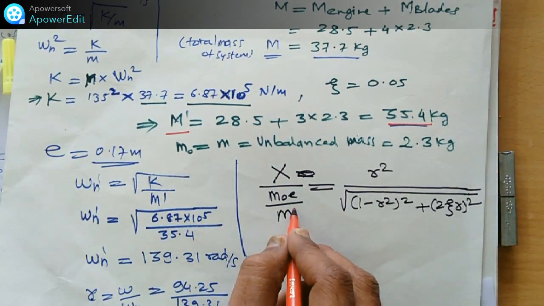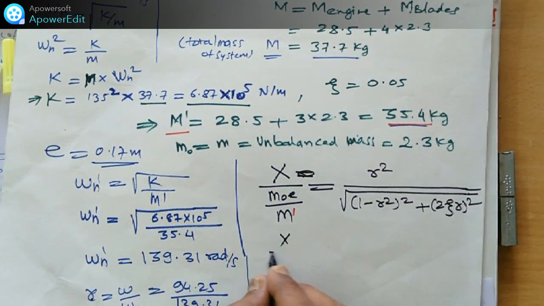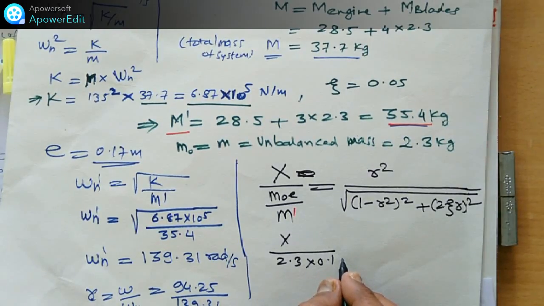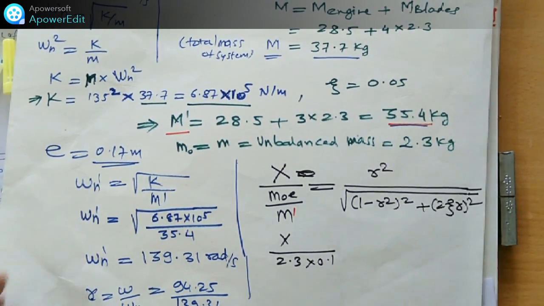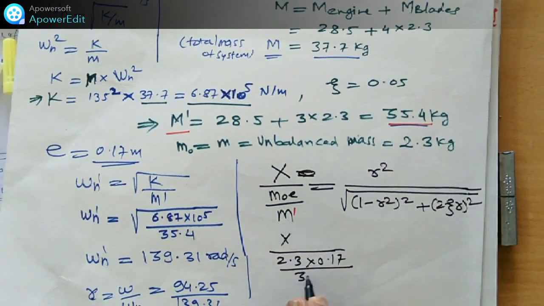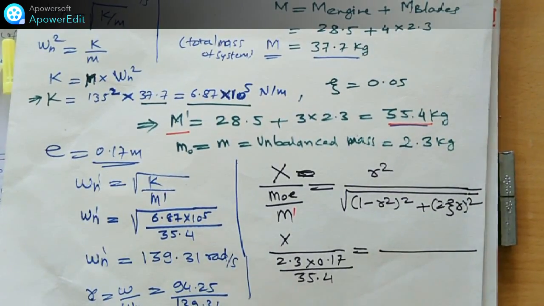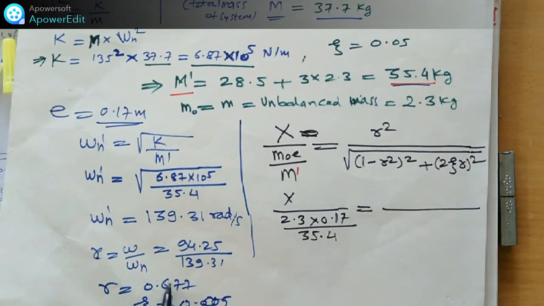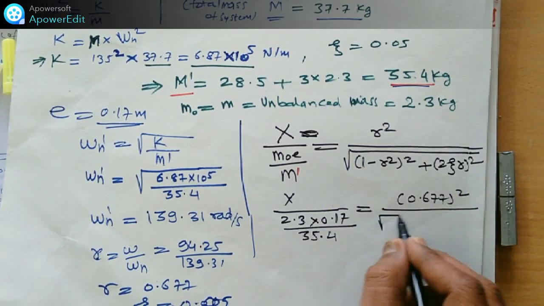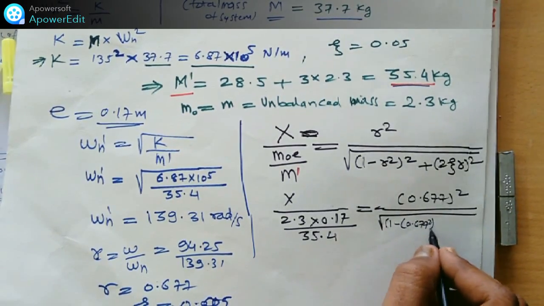The value is 35.4. I will put in all the values. m0 is 2.3 and E is 0.17, upon m dash, which is 35.4, equal to r square, which we calculated as 0.677, so 0.677 square upon 1 minus 0.677 square, whole square, plus 2 zeta r.